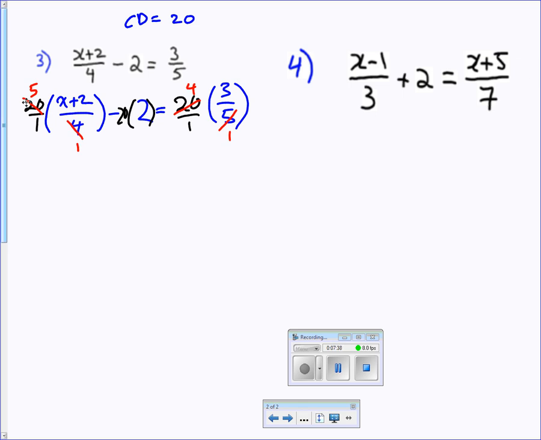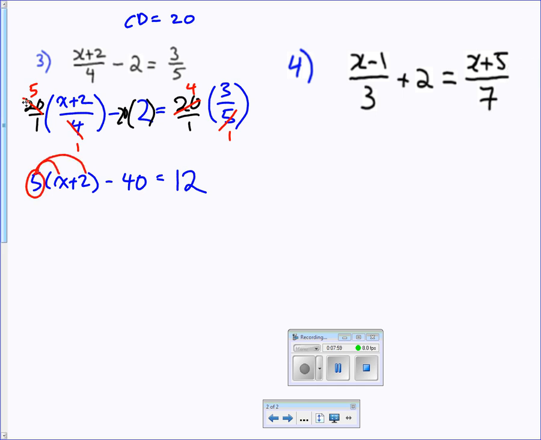And so now we have a 5 times x plus 2, minus 40 equals 12. Now we're going to use the distributive property that we learned before, where we took the 5 and put it into our brackets.